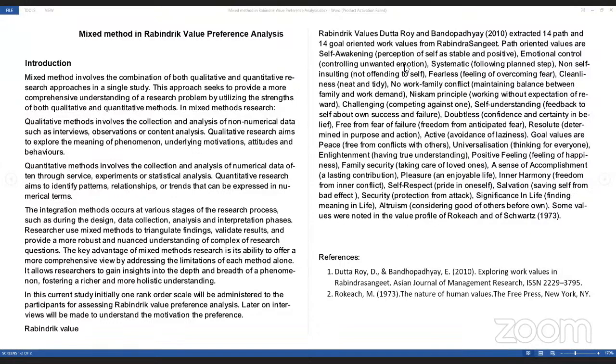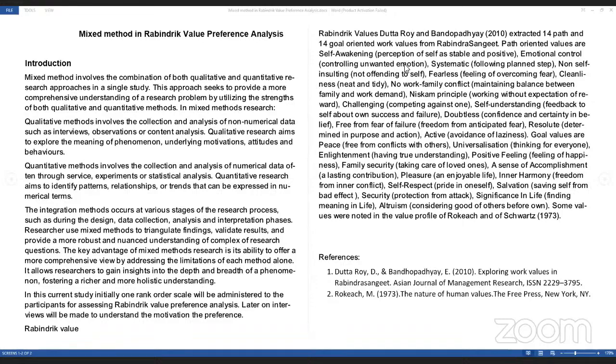In this current study, initially one rank order scale will be administered to the participants for assessing Rabindric value preference analysis. Later on, interviews will be made to understand the motivation of the preferences.